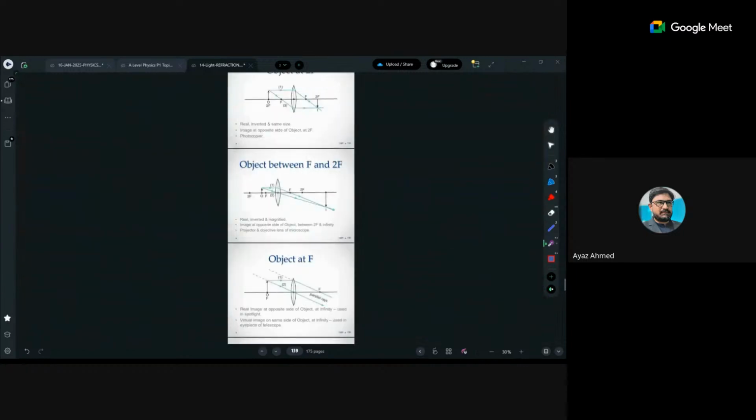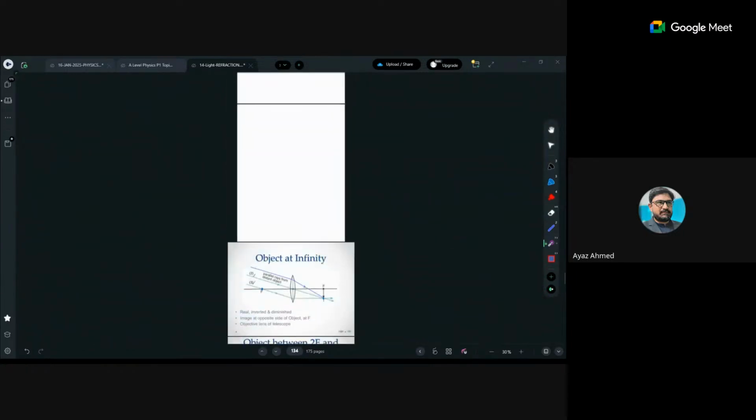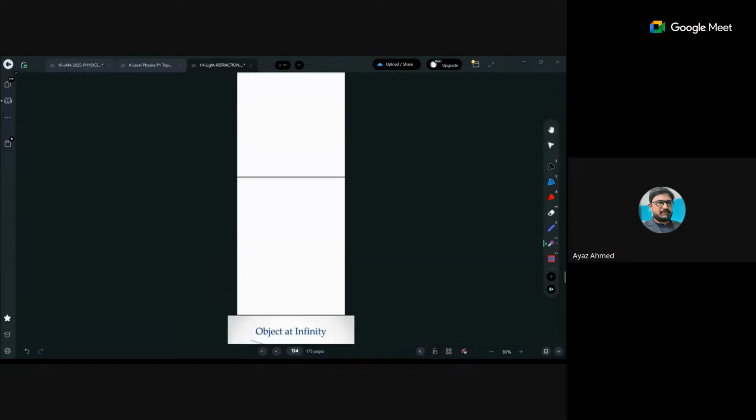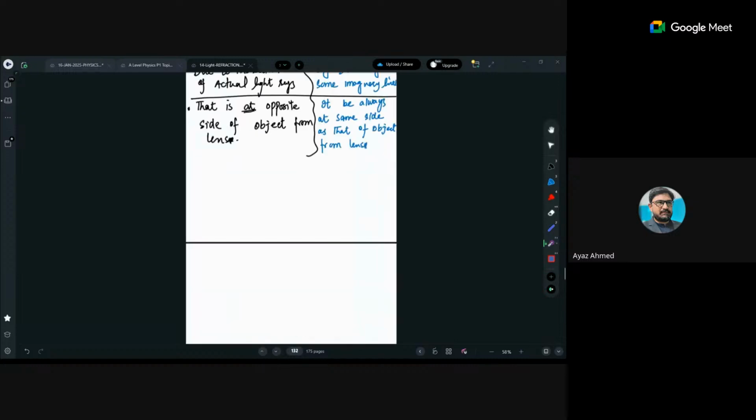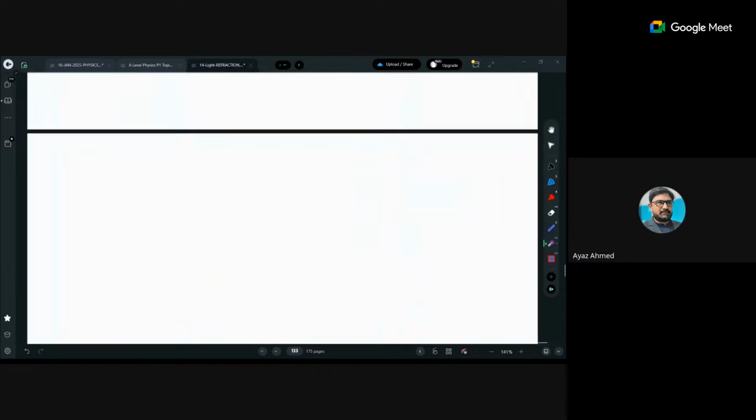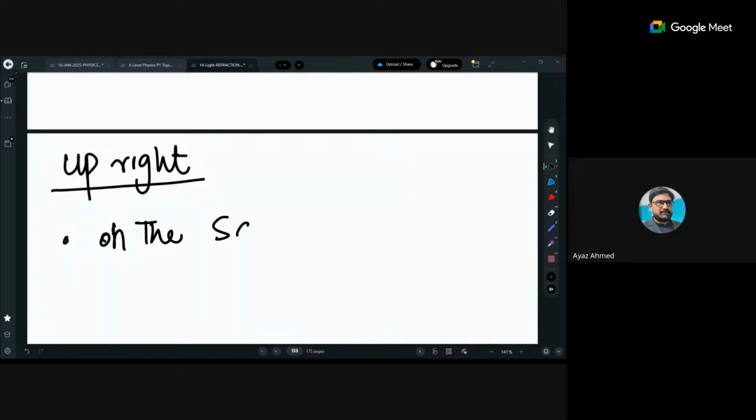You have to quickly wind up these two or three things, so that you would be able to form all of that. Okay, the next category of the image is upright and inverted. Is there any confusion about real and virtual? The second one is upright and inverted. Upright is that which is on the same side of the principal axis.